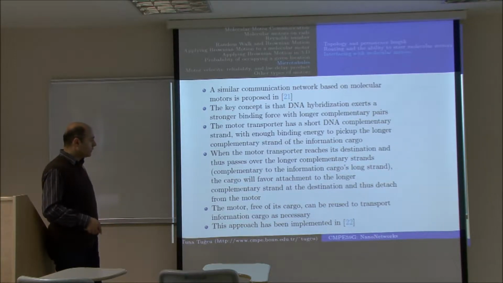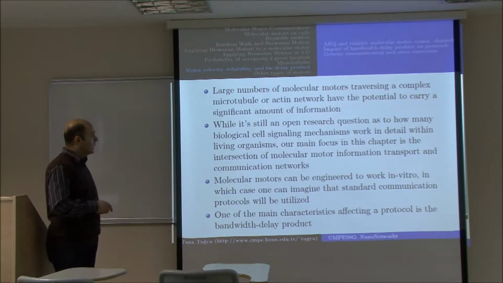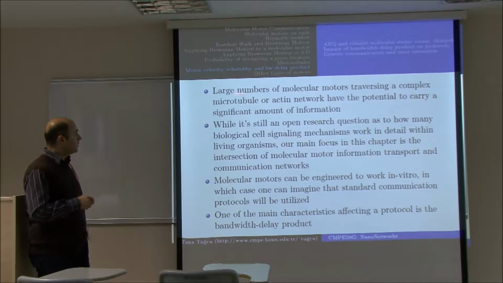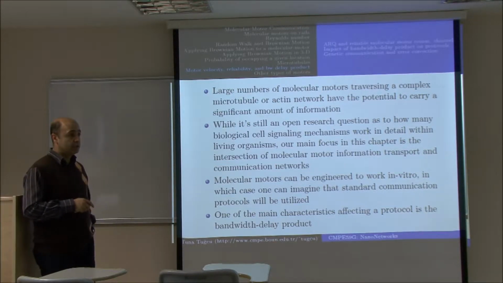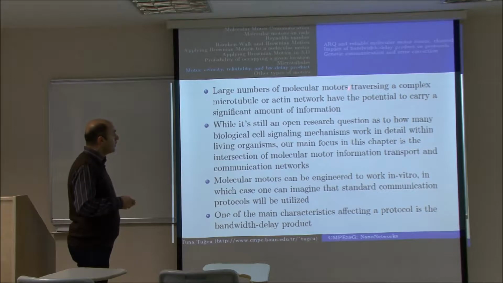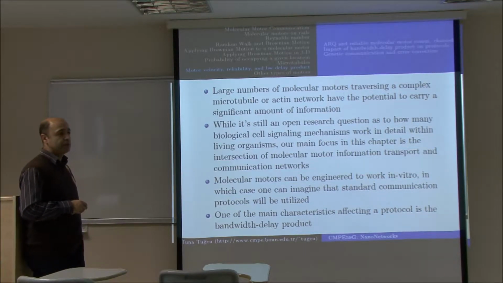So that's what's happening, and all this is explained in reference 22. The one important thing was that large numbers of molecular motors traversing a complex microtubule network or an actin network, where you have those actin filaments you pull or push, have the potential to carry a significant amount of information.